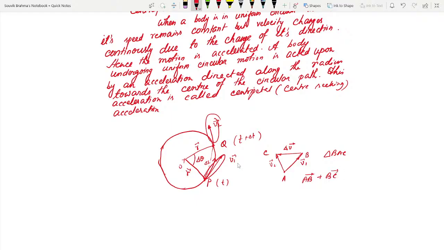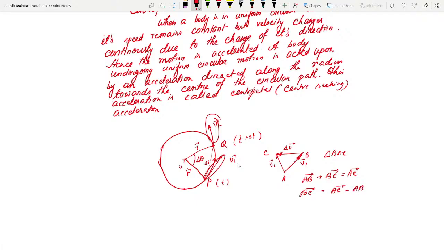See AB, the head position of the vector A towards B, and BC the vector is towards C, so AC is basically taken as the closing end of the triangle in opposite order, which is the representation of the triangle law, correct.